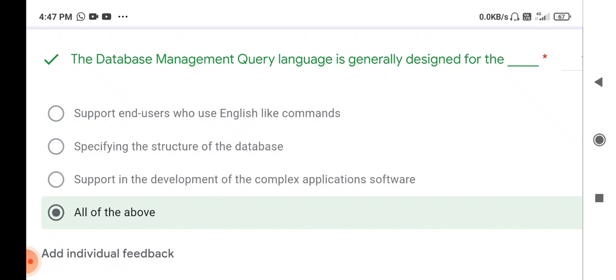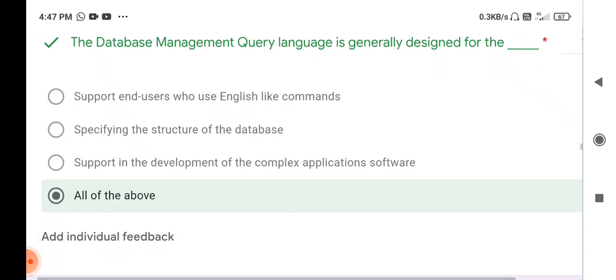That is also correct. Next, support in development of complex application software. Database management systems support that too. So all three are correct options for designing your database management query language. The correct option is all of the above.